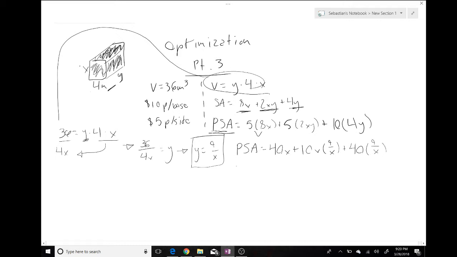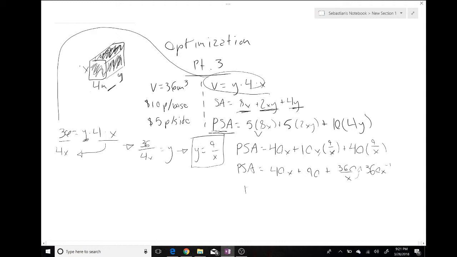As we continue, that's 40x plus 90, because the x's cancel out, plus 360 over x. Now we're just going to go ahead and move this x to the top, which is going to make this 360 x to the negative 1.